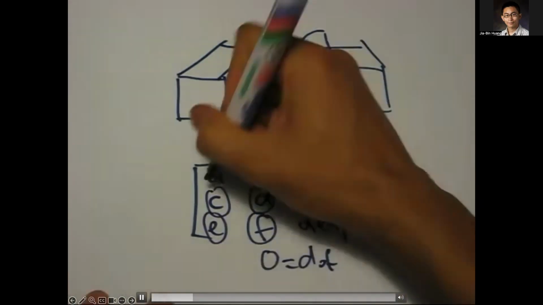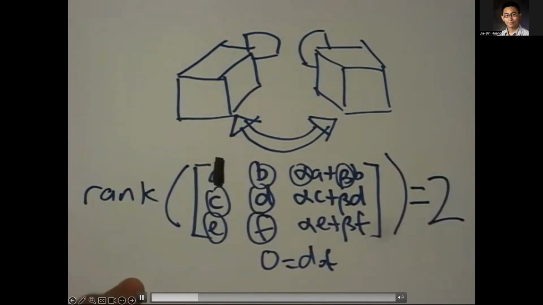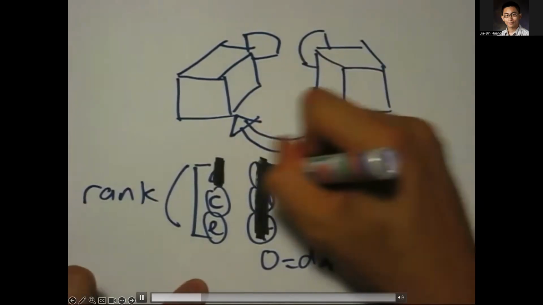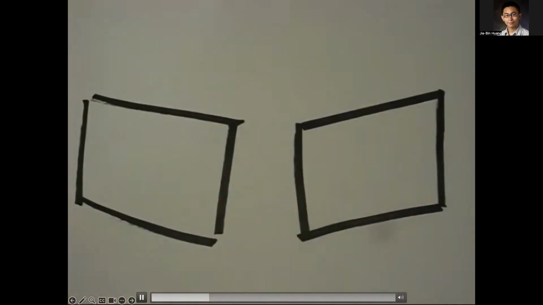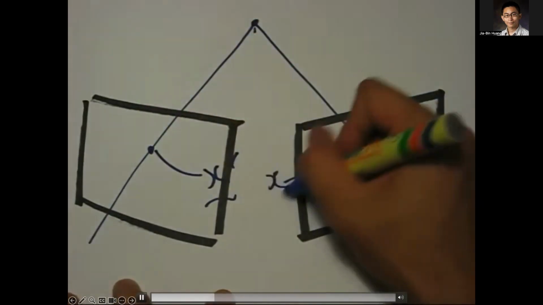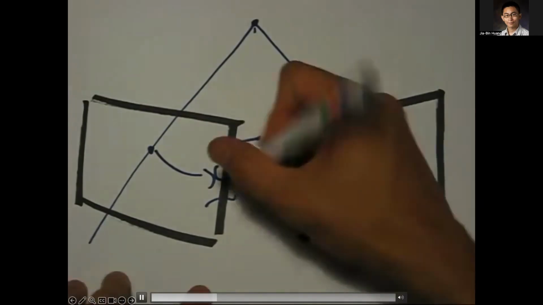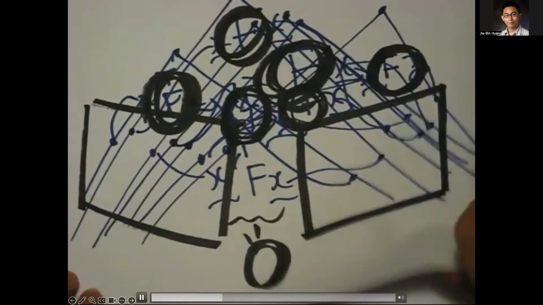It has a rank deficiency. It's only of rank 2. Pull a matrix F and you'll see 2 points that correspond to column vectors called X and X prime. X prime transpose times F times X equals 0 every time.